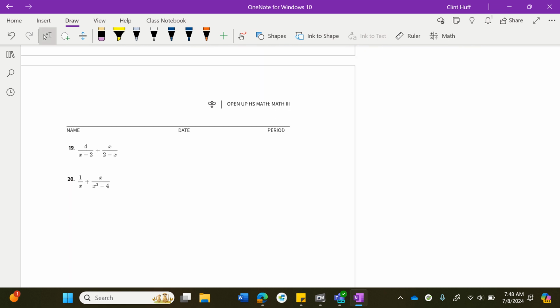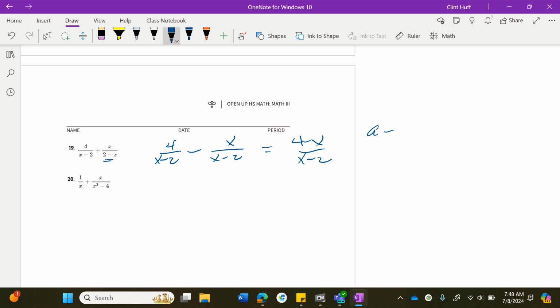All right, number 19. What I'm going to do to this one is change this denominator into its opposite by reversing 2 minus x to x minus 2. And the price I pay for that is I have to take the opposite of the numerator, and that makes it into a subtraction problem, which means I have 4 minus x over x minus 2.